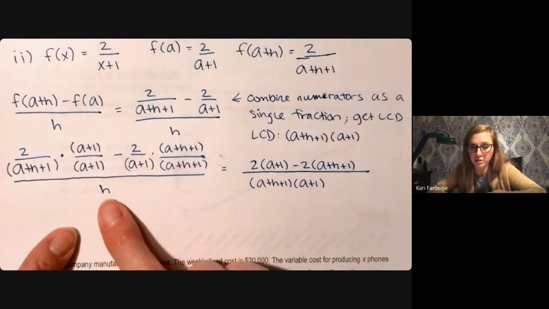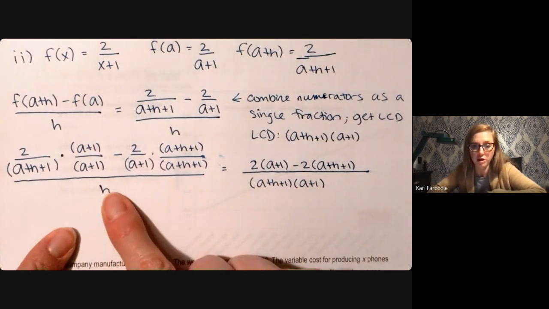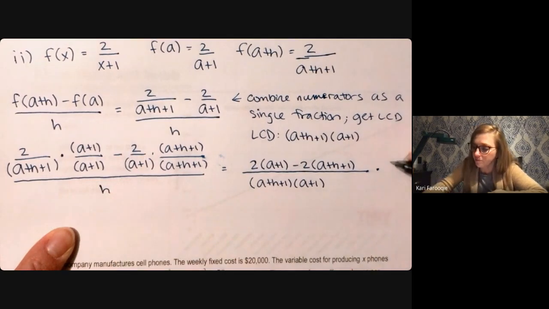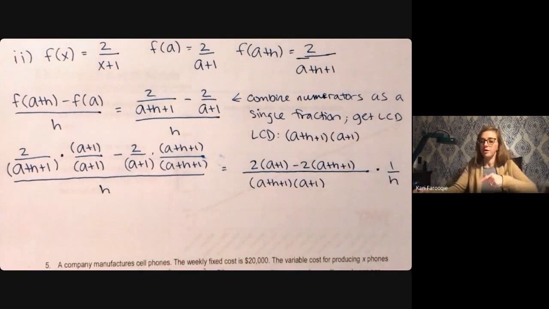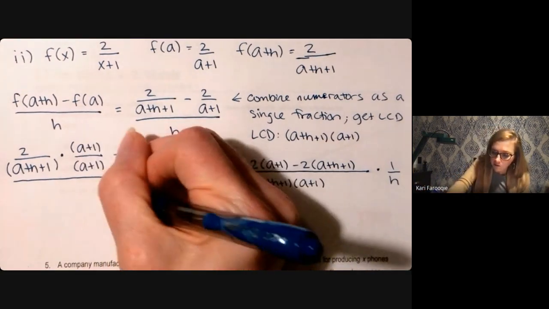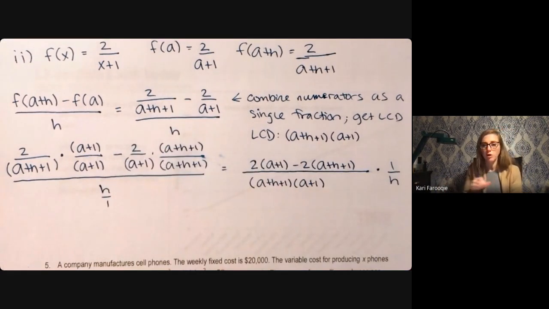And then instead of dividing by h, we'll multiply by the reciprocal. So if we're multiplying by the reciprocal of h, we're multiplying by 1 over h. Okay, so I know a lot just happened here, but if you want to think about this as dividing by h over 1, you're multiplying by its reciprocal, which is 1 over h.